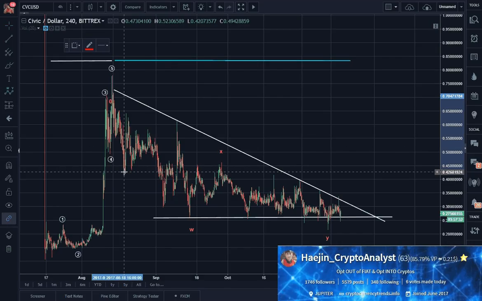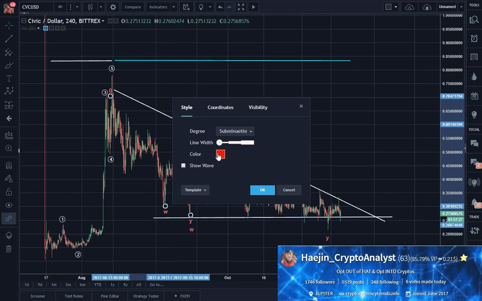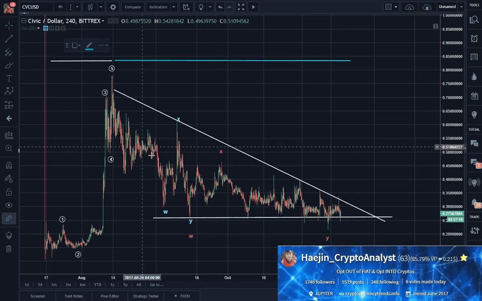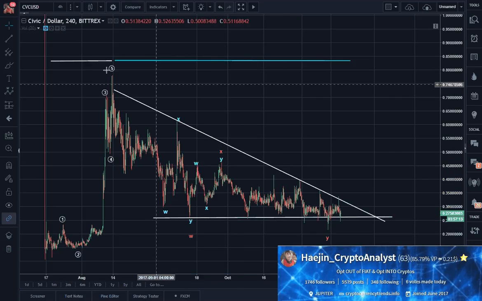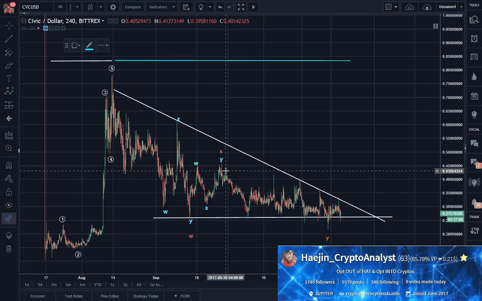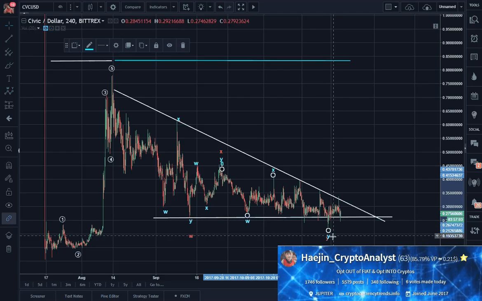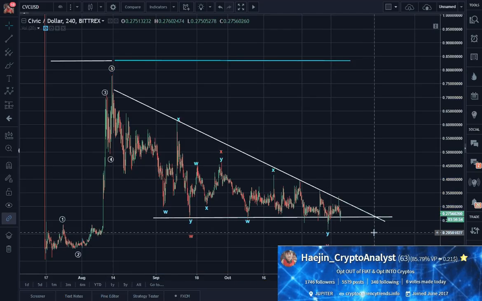So WXY. This WXY will be subwaves of this W. This WXY will be the subwaves of this X. And this WX with more WXYs will be the subwaves of this Y, the red Y. Okay?